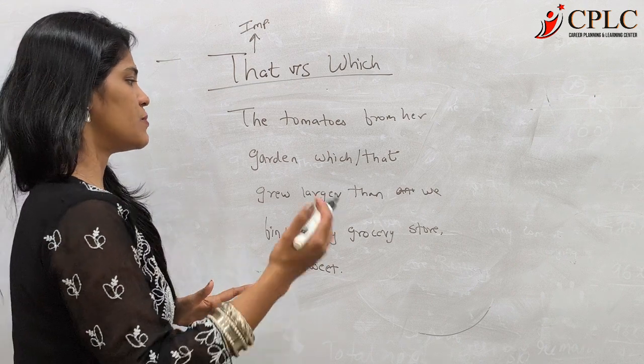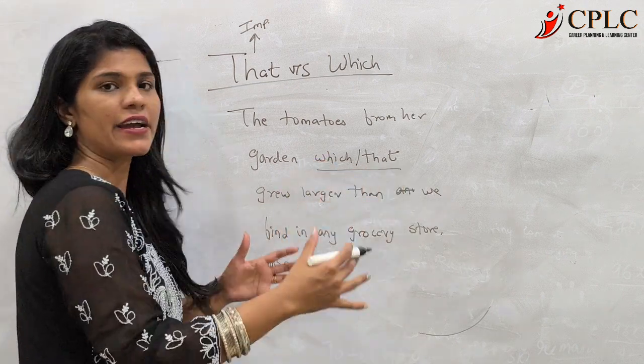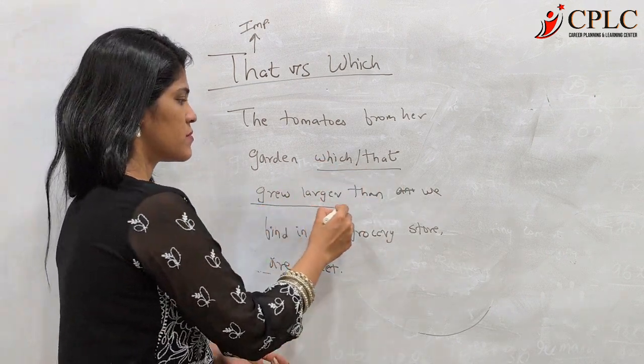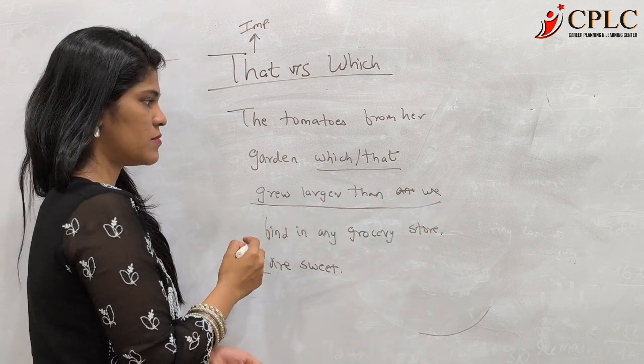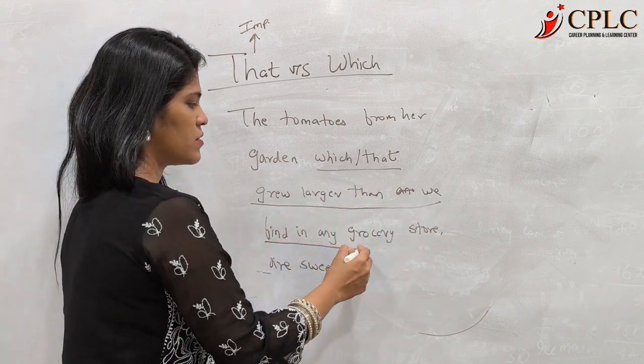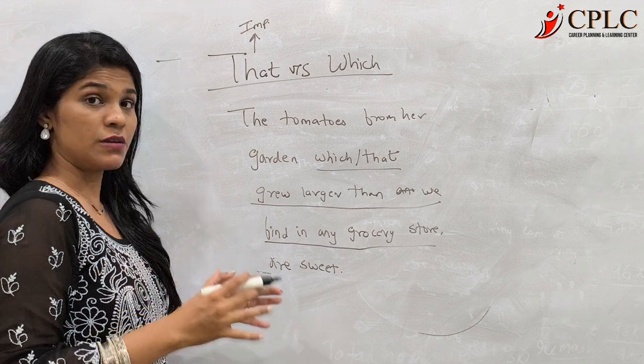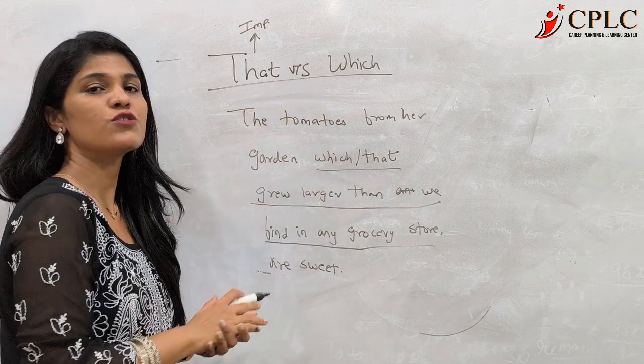Okay, tell me ये which या that के साथ क्या क्या आएगा? Grew larger than we find in any grocery store. Okay, ये पूरा. Now read the sentence without this.